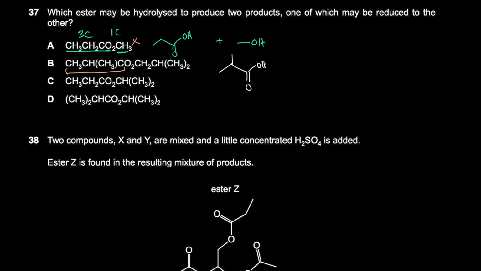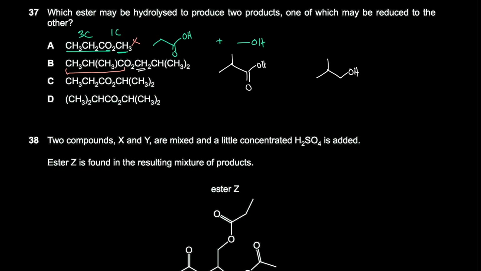And the alcohol, if we break apart this ester linkage, we have CH3 twice, CH, and then the CH2OH. So we have 2 CH3s bonded to the same carbon, the CH, which is bonded to a CH2, which is bonded to an OH.